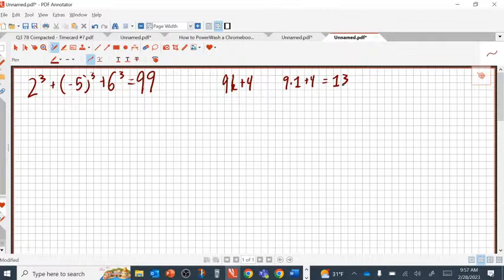Okay, what's our first essential question? And I would love to get that from Andrew. Let's see here. Where did that go? What about variable expressions?